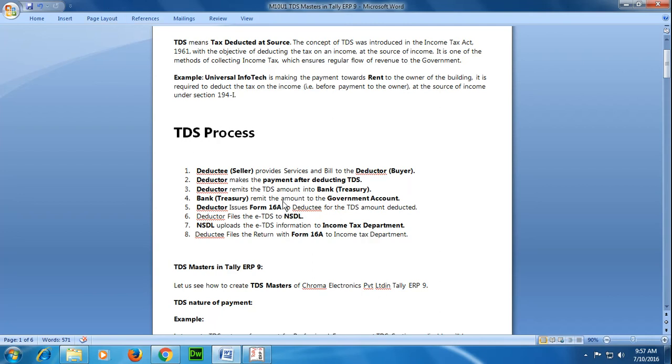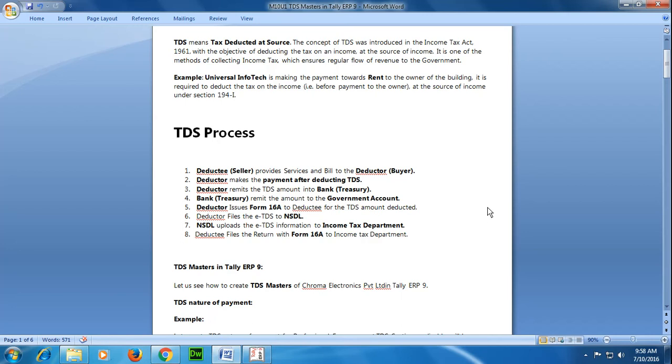The TDS amount which the deductor, the buyer, has deducted, they will deposit to the bank or treasury, and the treasury remits the amount to the government account. Then again the deductor would issue a form 16A.